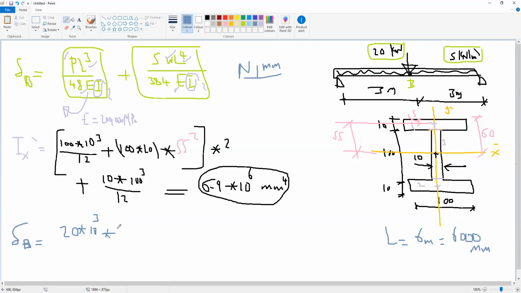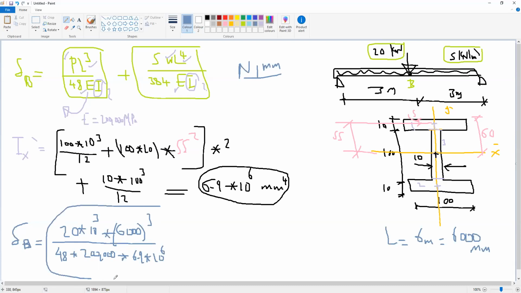So 10 to the power 3, and then L is 6,000 to the power 3 divided by 48 multiplied by E, 200,000, multiplied by I, just calculated, 6.9 multiplied by 10 to the power 6. So this is the deflection from the concentrated load.